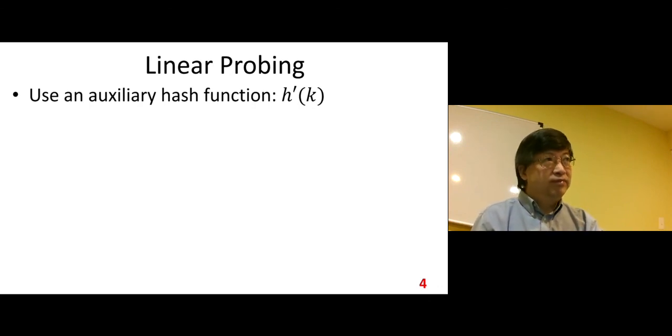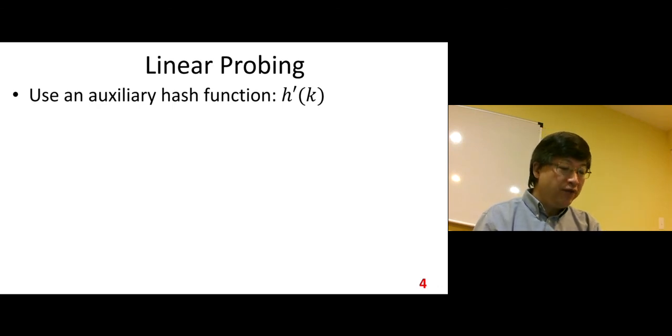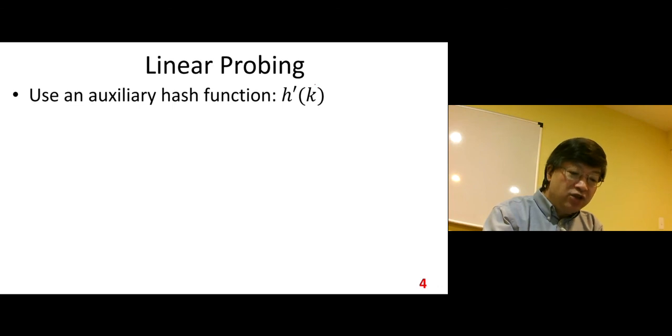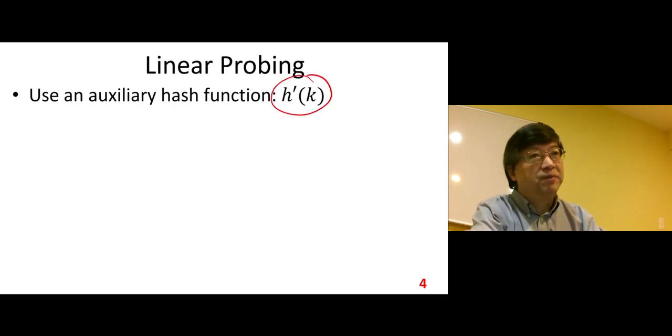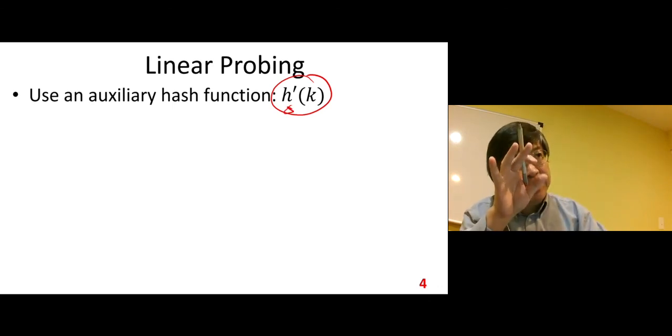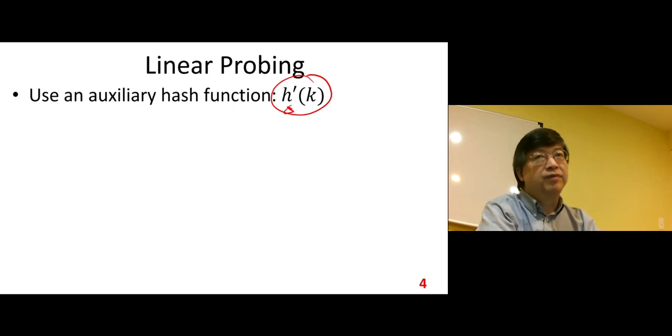The definition of this method is given this way. We use an auxiliary hash function h prime of k. We do not use this function directly, but we need to pick an auxiliary hash function first.